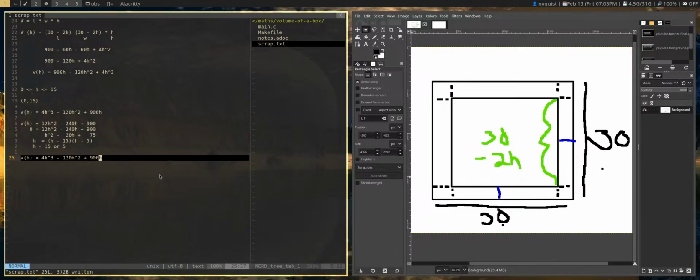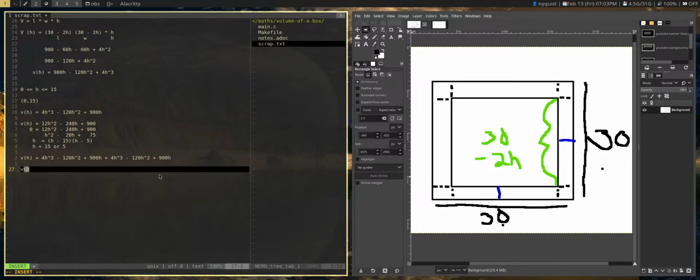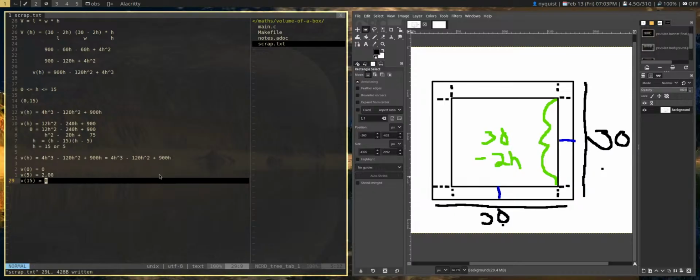So that's our volume function, and then we're going to plug in the endpoints: v of 0, which is one endpoint, v of 5, and v of 15, the other endpoint. I'm going to skip ahead, and instead of solving, I already know the answers. It's 0, 2000, and 0.